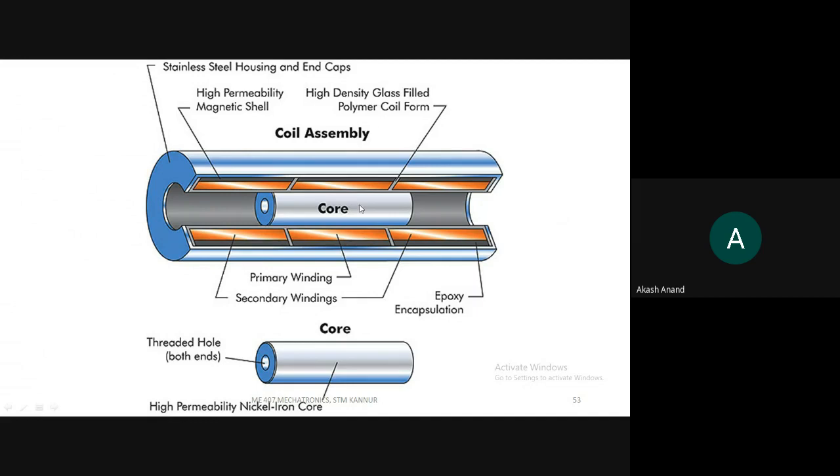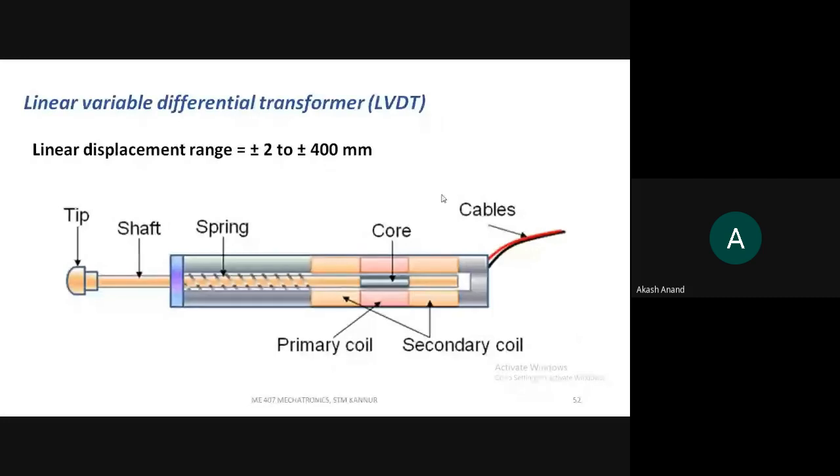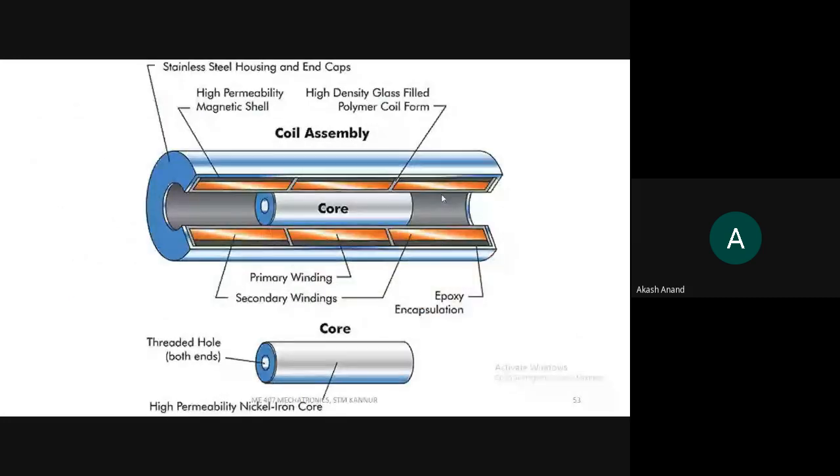And if the core is moved to the right-hand side, you will get a negative voltage, which can also be calibrated, and you can say that the displacement of the core is in the opposite direction. That is how you are getting the reading. So that is how the sensing of LVDT occurs. I think it is clear.